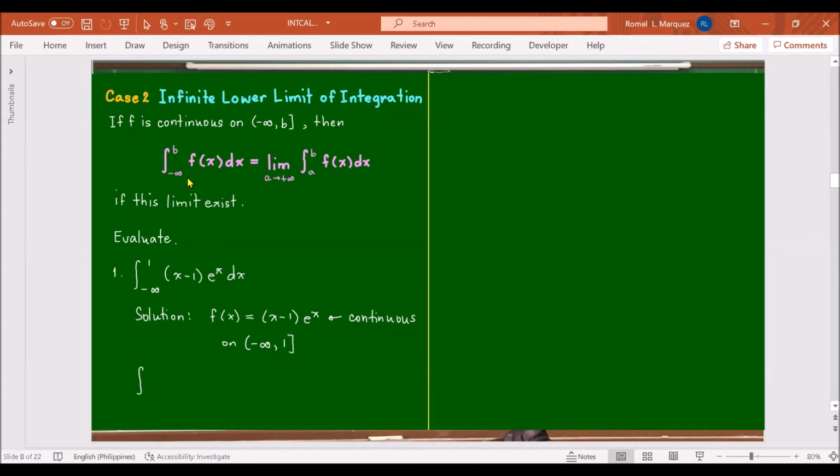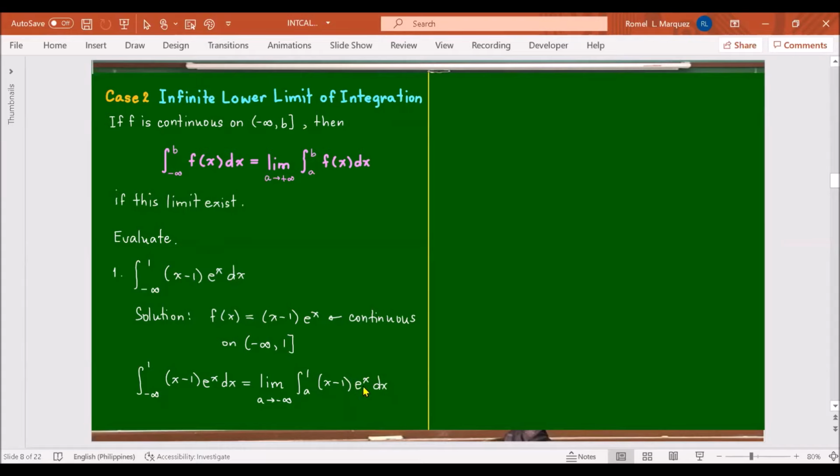This improper integral is under case 2 because we have a lower limit that is negative infinity. We can define this as the limit as a approaches negative infinity of the integral from a to 1 of (x minus 1) times e to the x dx.